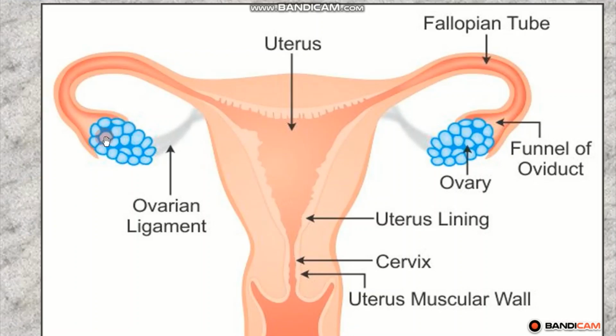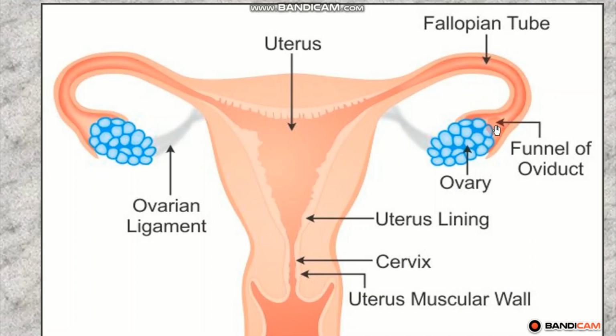This diagram shows the ovary over the fingers, that's why the finger-like structures are not seen here, but they are present. The finger-like projections are known as fimbriae, and the funnel part is known as the infundibulum.